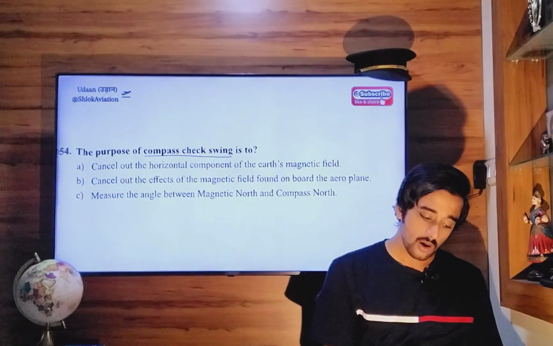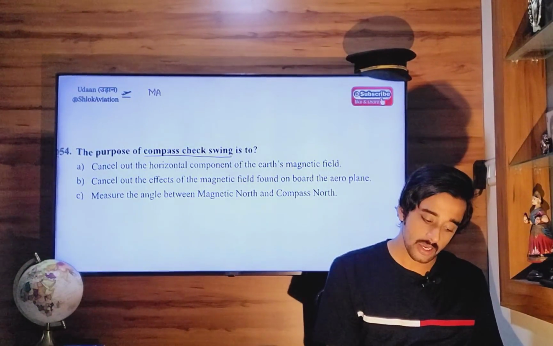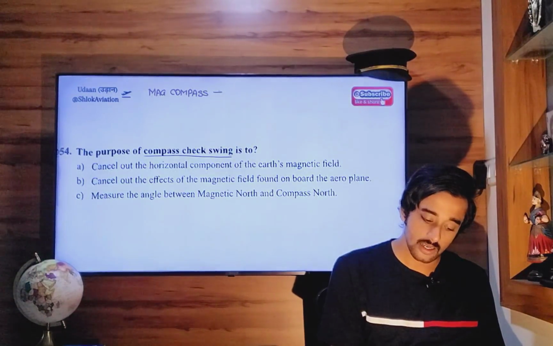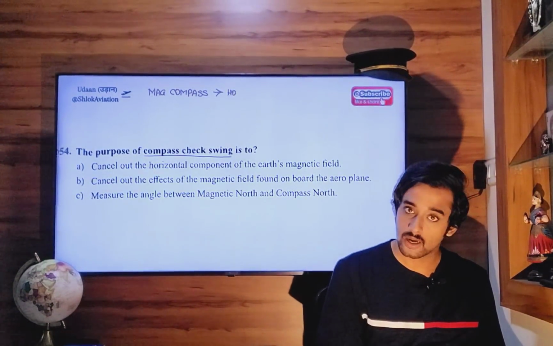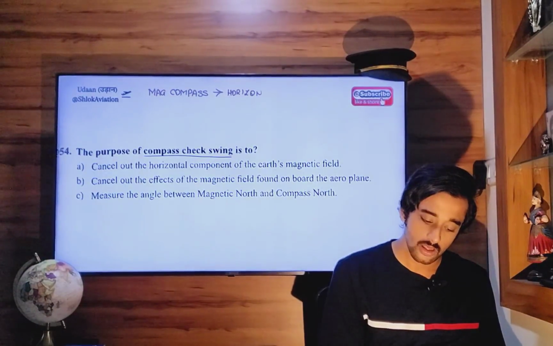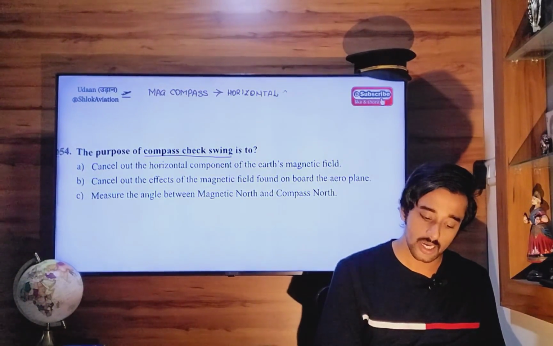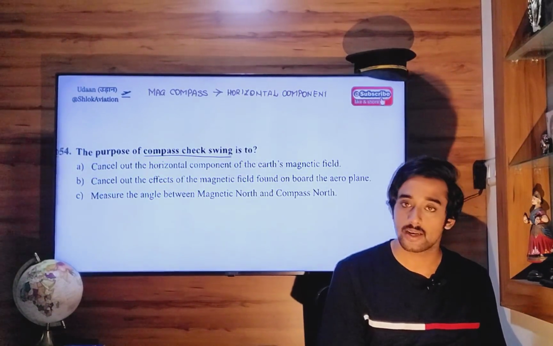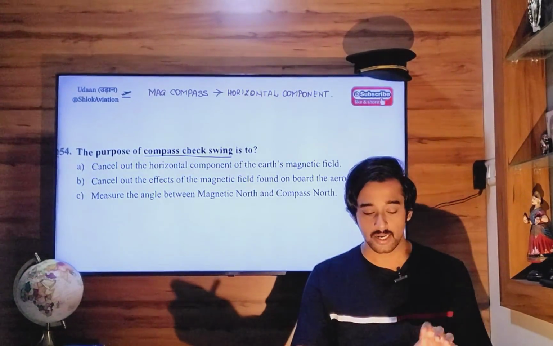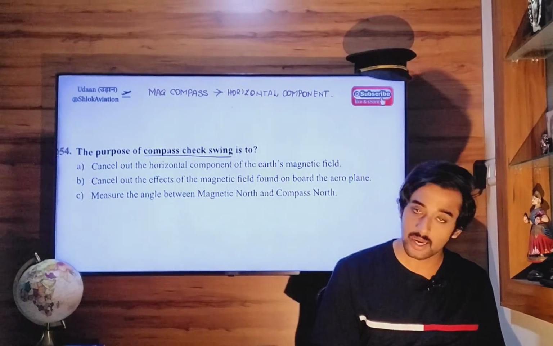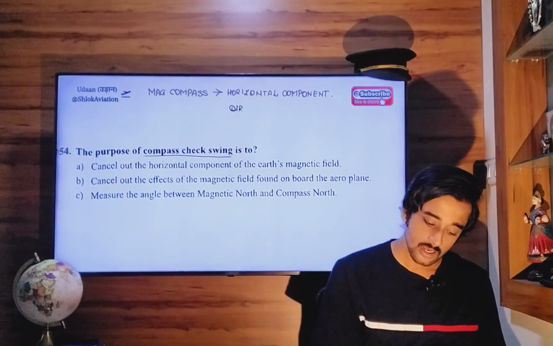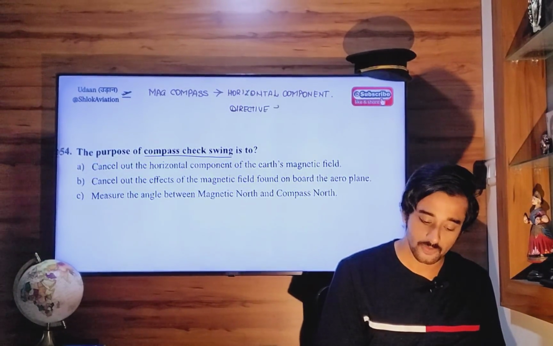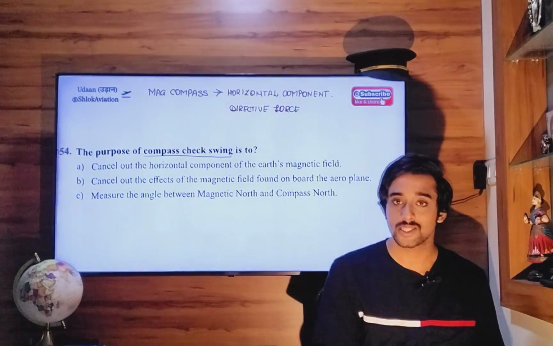So your magnetic compass requires the horizontal component of the Earth magnetic field. Okay, it requires that. The horizontal component of the Earth magnetic field is the directive force. So this is what is useful to us.